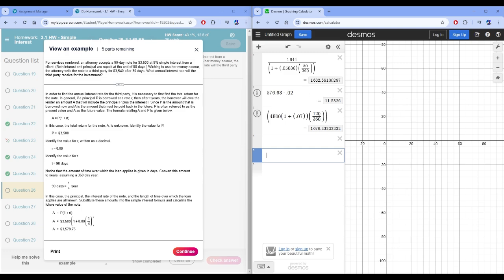So on my one plus rate time, there it goes. There we go. So the 4700 is going to be worth 4809. I got that. I figured that out.